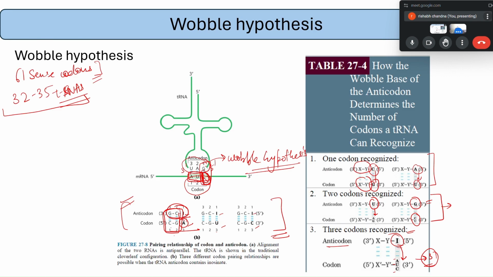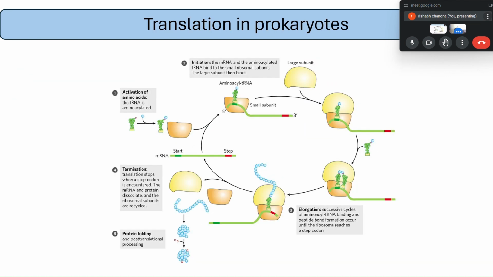Okay, now we'll be starting with the procedure of protein synthesis. So this is the basic structure. We'll be going into a bit more detail about the structure. The first step is the activation of amino acids. The tRNAs are loaded with the amino acid. These tRNAs will now recognize the mRNA, and the ribosome will bind to the mRNA.